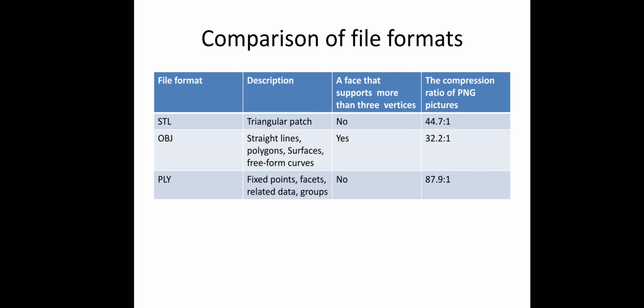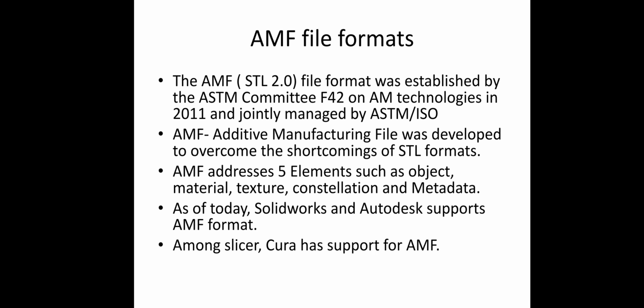Compression ratio of PNG picture is 32.2:1. And PLY format: fixed points, facets, related data groups, and it will not support more than 3 vertices. Compression ratio of PNG picture is 87.9:1. And the new file formats are OBJ, AMF and 3MF.